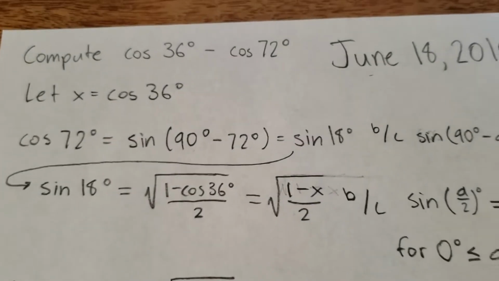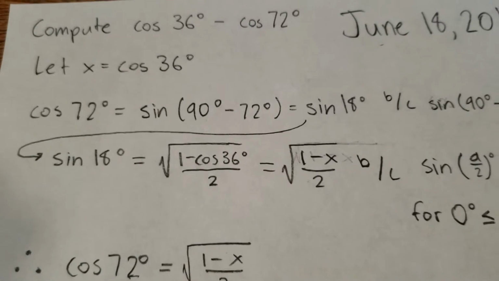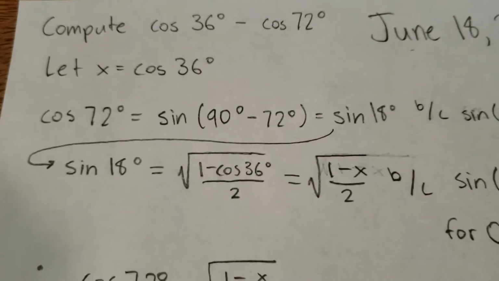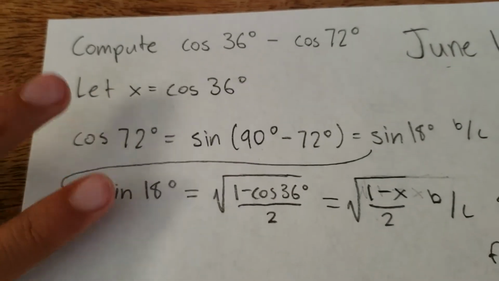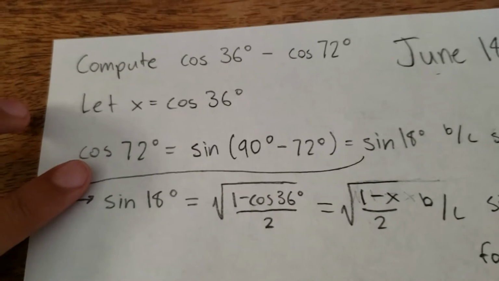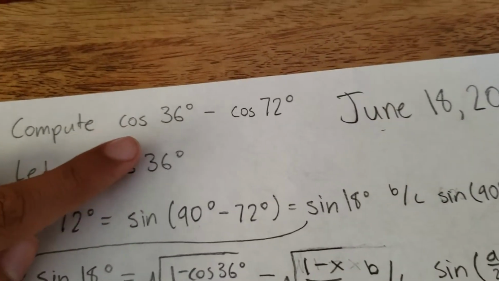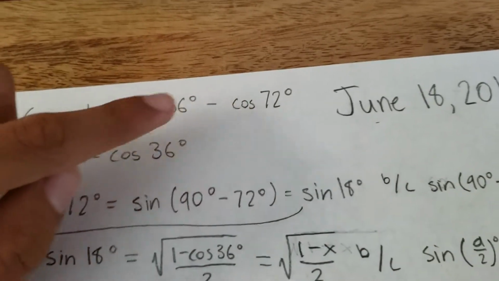First off, let's do something not necessarily immediately obvious: we're going to express cosine of 72 degrees in two different ways. With these two ways, we're going to be able to figure out the number we get when subtracting this from that.